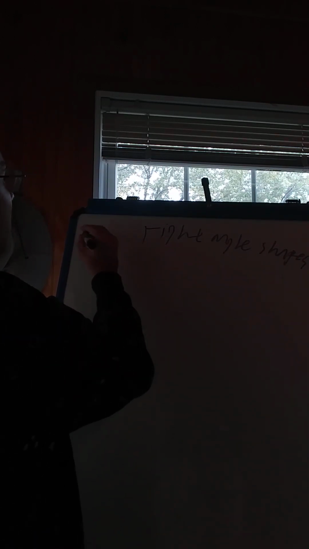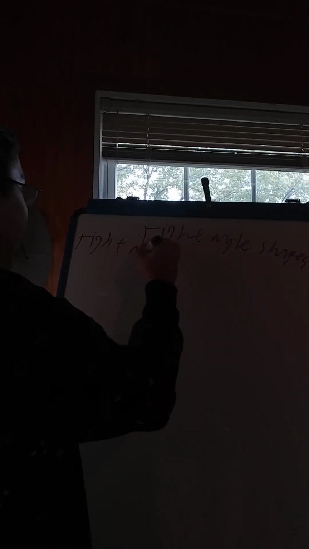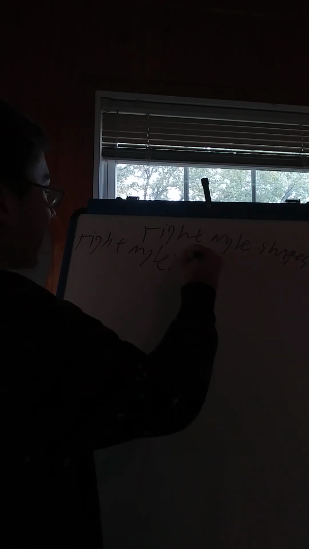First of all, let's look at right angles. Obviously, shapes are squares, four sides, triangles, three sides. I'll just write down right angle. And how many degrees is a right angle? 90 degrees.